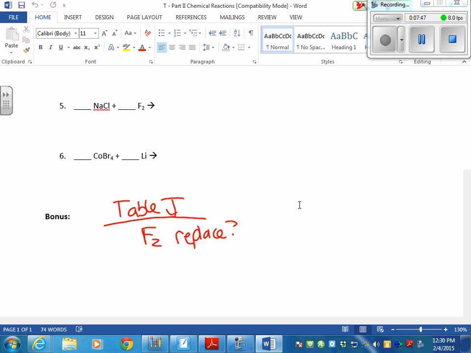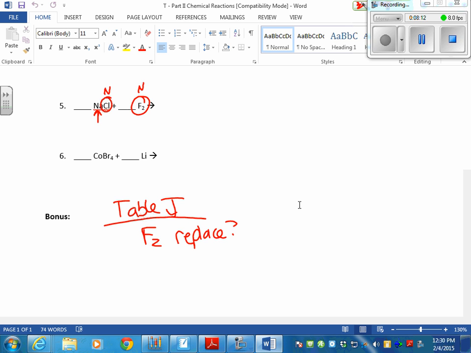That's why hydrogen's on the left of the periodic table. So, fluorine here is trying to replace somebody. I'm going to look at table J and see that fluorine is in the same column as chlorine, okay? These are both non-metals, okay? Fluorine is in the same column as chlorine. Fluorine is above chlorine, so fluorine can take chlorine's date. The date is sodium.